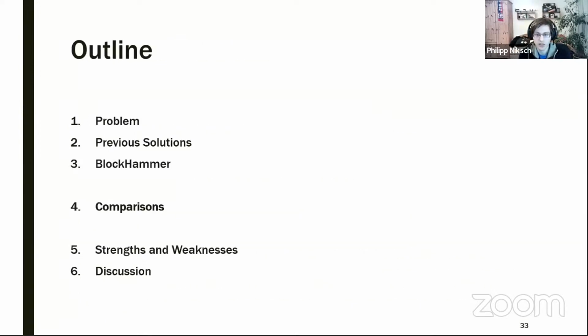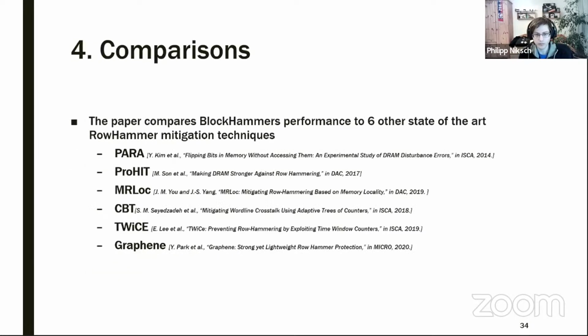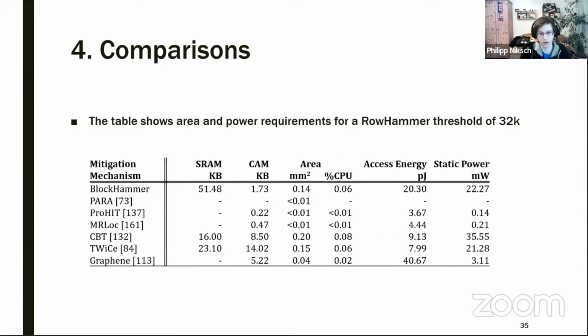We will now take a look at the evaluation of BlockHammer provided in the paper. The paper compared BlockHammer to 6 state-of-the-art RowHammer mitigation techniques called PARA, ProHIT, MRLoc, CBT, TWiCe, and Graphene. We will start by comparing area and power requirements for a RowHammer threshold of 32,000, which is a reasonable assumption for current technology.